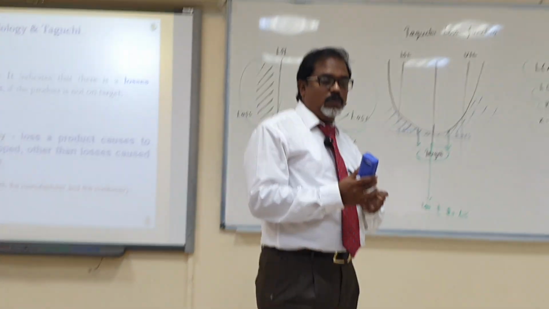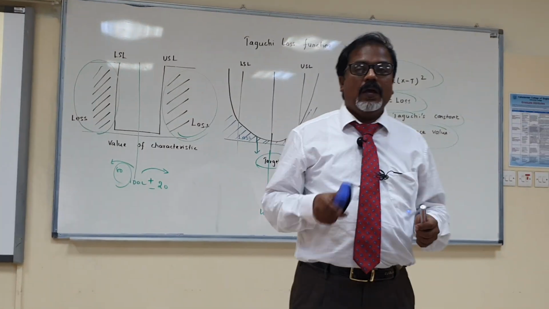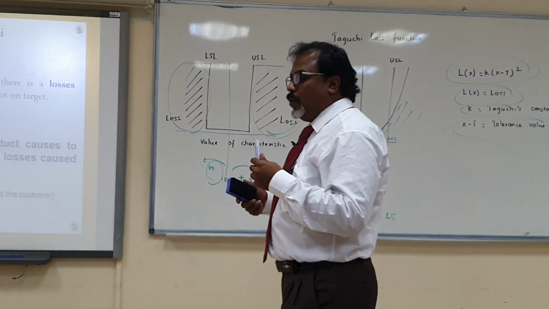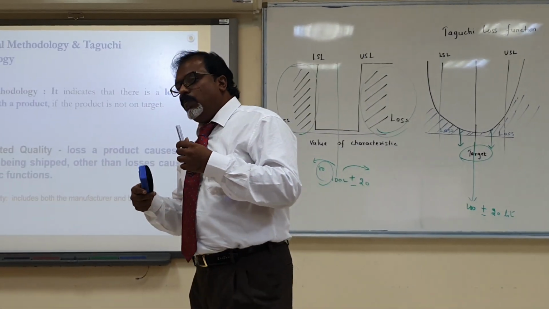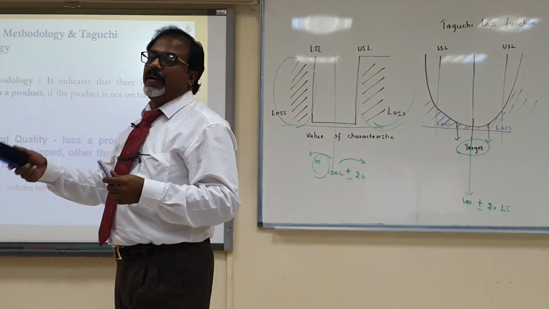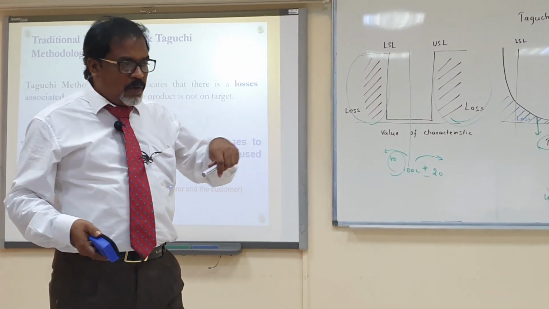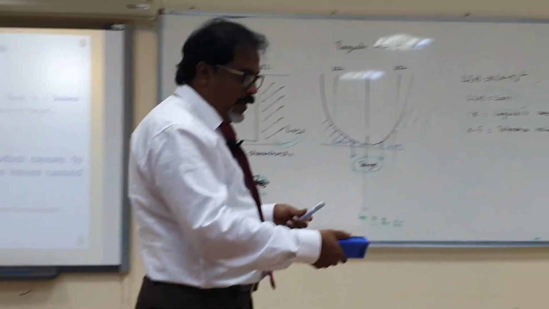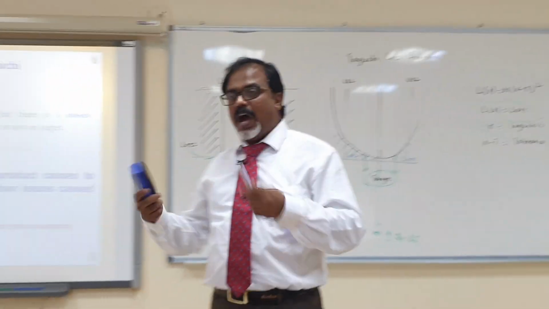Suppose you are going to produce one product in a company. When you give more than the targeted value, then the company will face some loss. After shipping, suppose the target hasn't been achieved.